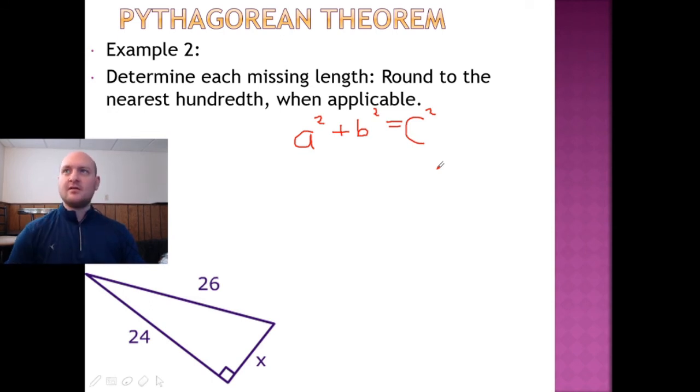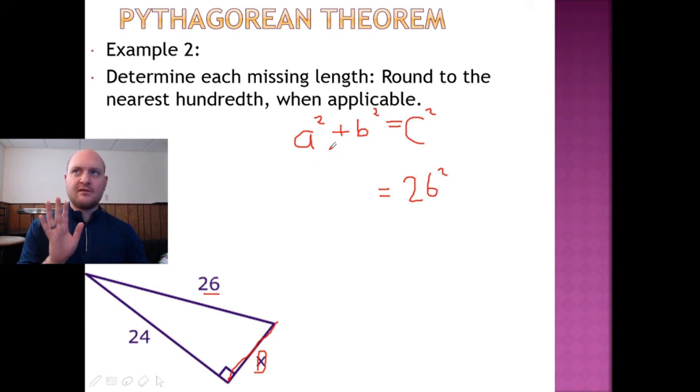Here, they gave it to us. They gave us 26 as the c value. So when I plug that in, incidentally, they gave us what was the answer to the last problem, which means this missing value, x, because it's adjacent to a right angle, is actually either a or b.